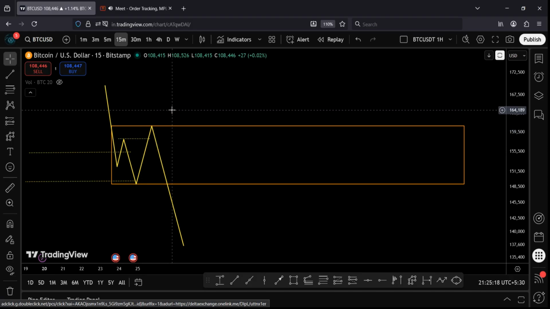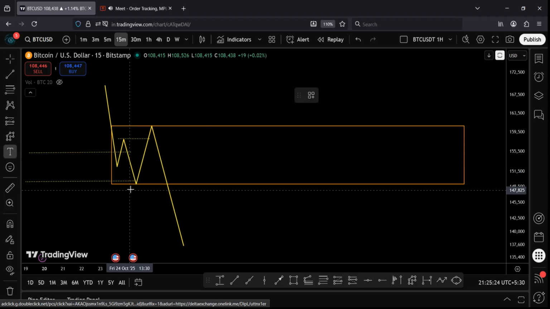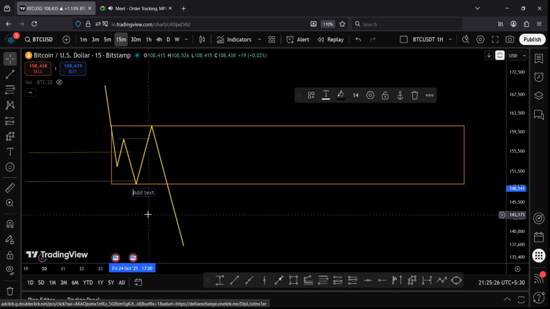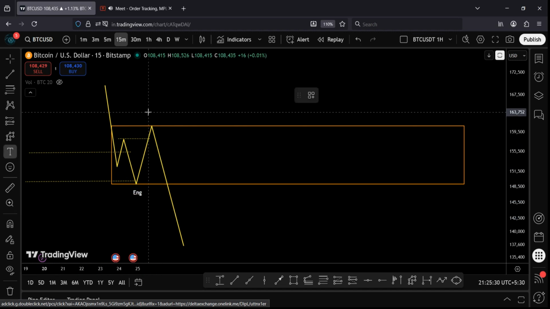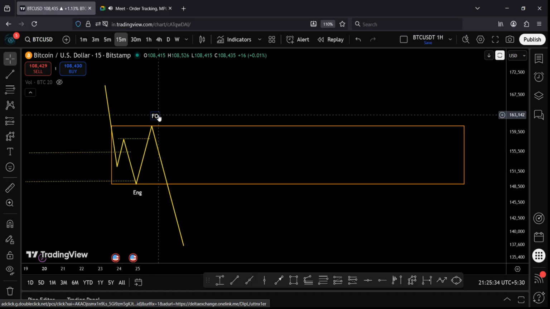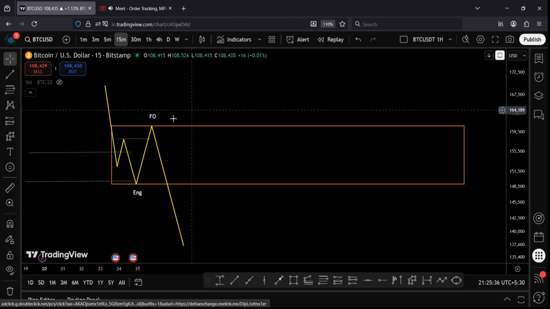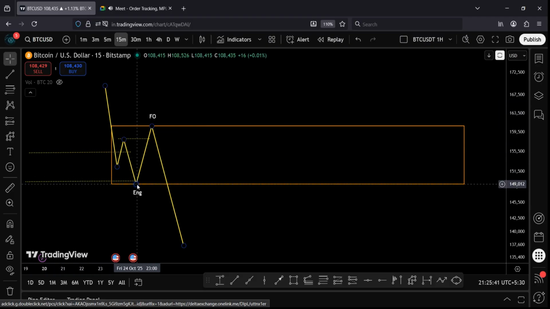So what happens here? The price is engulfing, right? Price engulfs at one side and fakes out to another side. This one is a fake out, right? This was the level in the past. Price came back, engulfed it, went up, and faked out this level.